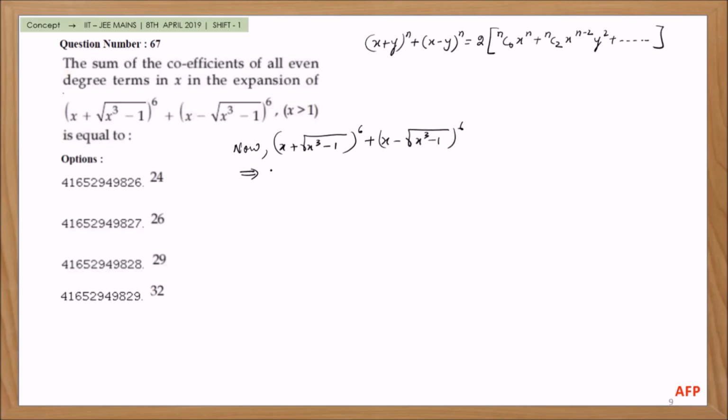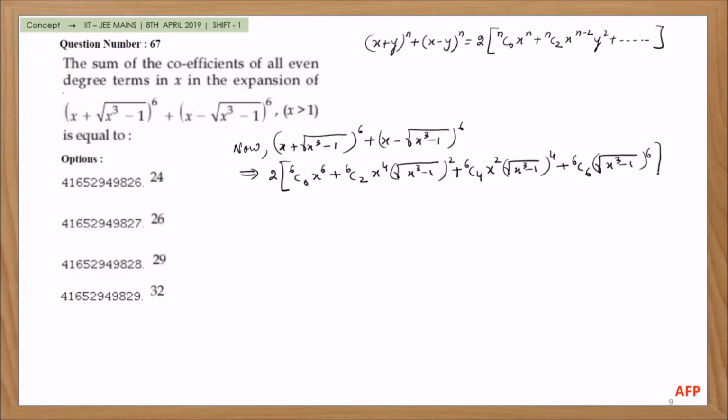So this implies 2 times [6C0 x^6 + 6C2 x^4 (square root of (x cube minus 1))^2 + 6C4 x^2 (square root of (x cube minus 1))^4 + 6C6 (square root of (x cube minus 1))^6]. So this is the expansion we are having using this concept.